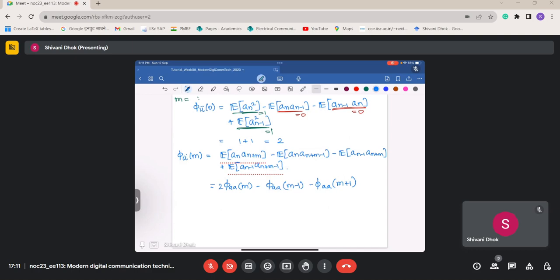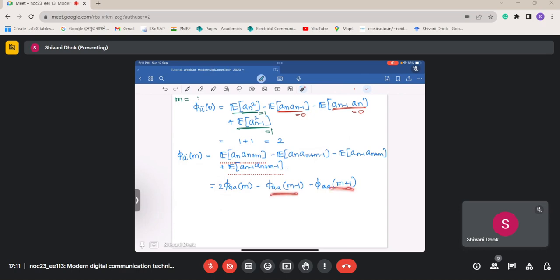Now what we observe is that in order to have this term non-zero, either this term should be equal to 0, or this term should be equal to 0. If m equals 0, then this term survives and these two go to 0, because this will be phi_aa of 1 and phi_aa of minus 1.